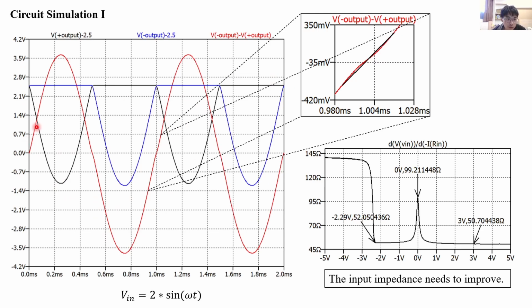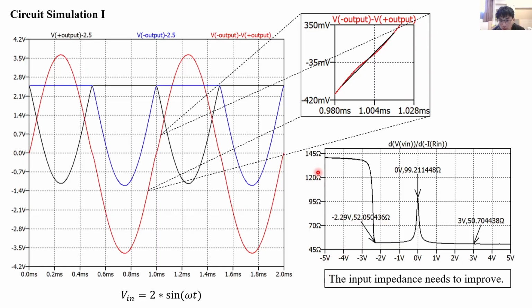And here is the total output, and here is the crossover distortion. So yes, it looks like a Class B output stage.